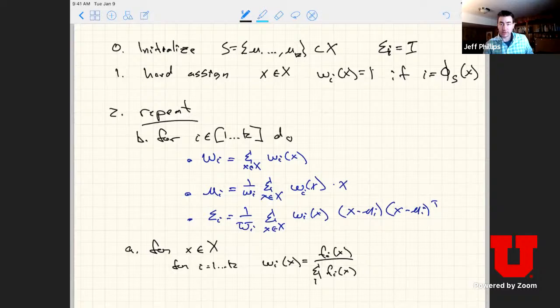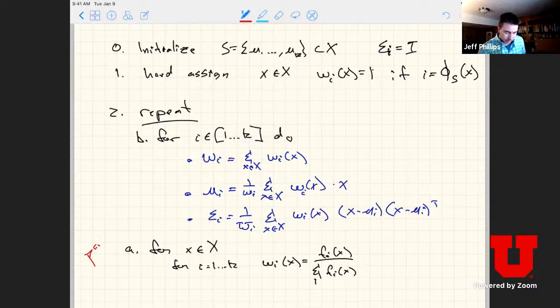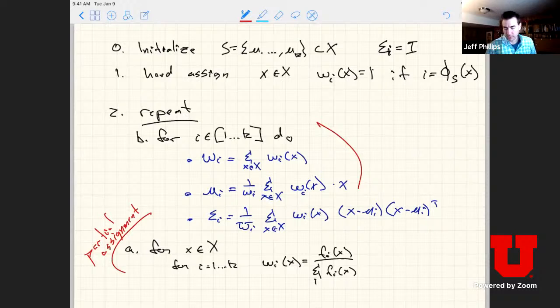And this gives me the partial assignment. Okay, so this is the partial assignment step.